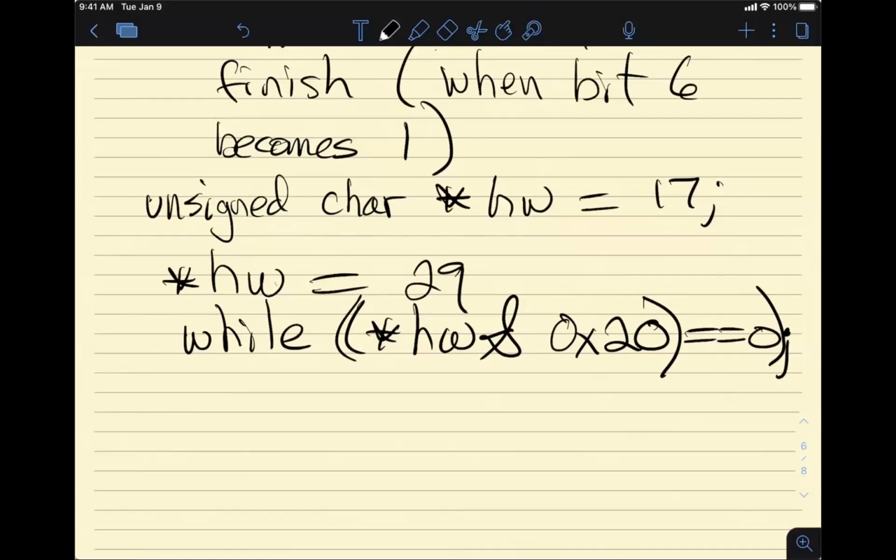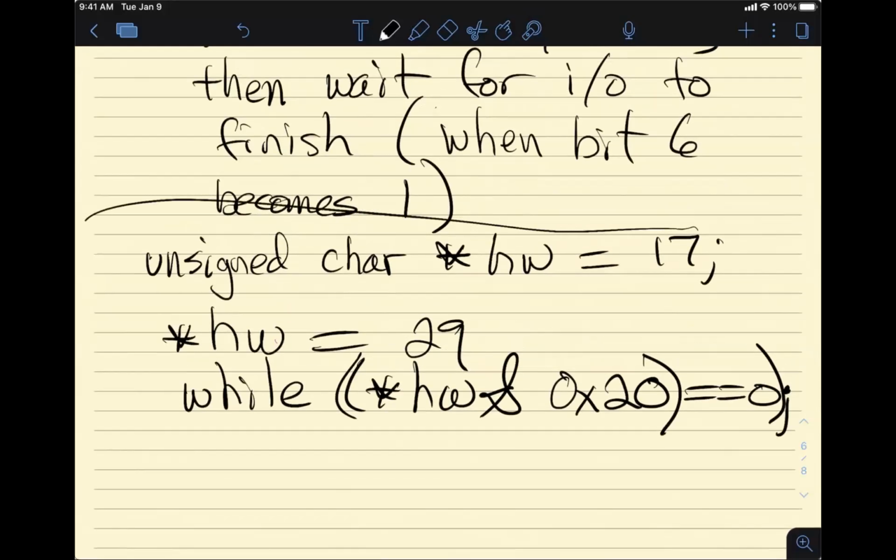Now, if HW was declared like this, that loop would be eliminated from the optimized version of your executable because it has no side effects, right?